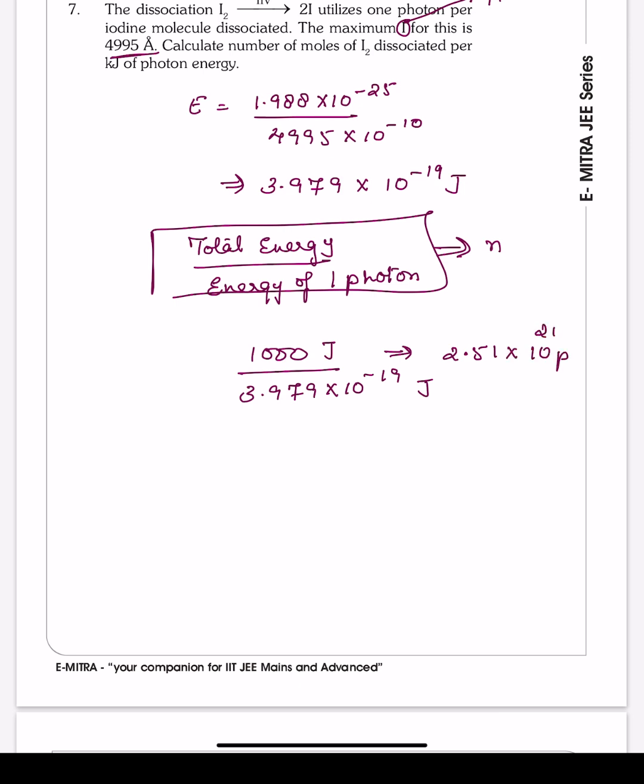10²¹ photons, right, these many photons, and we have to find the number of moles of I2 dissociated per kilojoule of photon energy.